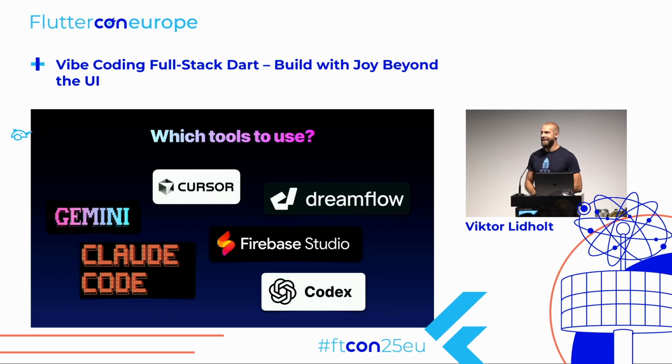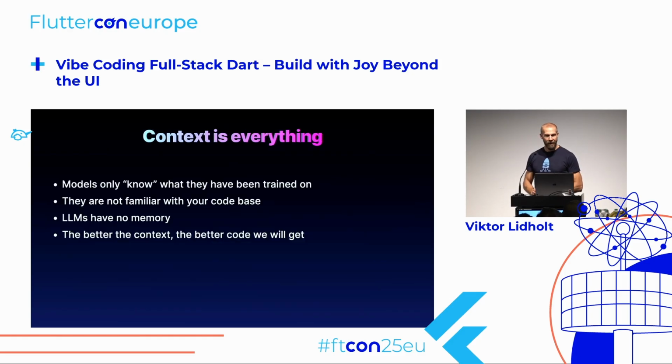The first and most important part when you do vibe coding is to get a great context. And the context is all the information you pass into an LLM or an agent that it uses to generate your code. Because the models only know the things they've been trained on. They don't really have a memory.